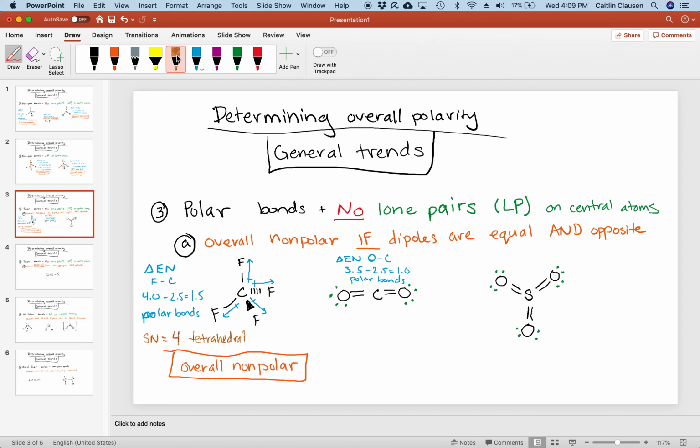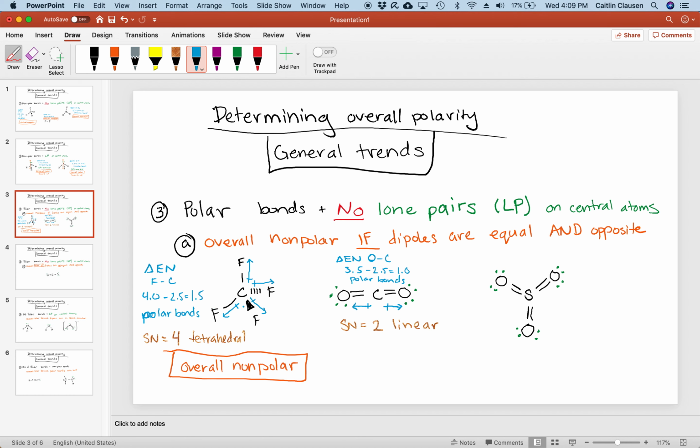The steric number, I have 2 oxygens bonded to the central carbon. That's 2 bonded atoms. There are no lone pairs, so that's linear. Now I can add in my vectors. I know that they're both going to be 1, so I need to draw them at similar lengths. They are equal and they're opposite because we're linear.